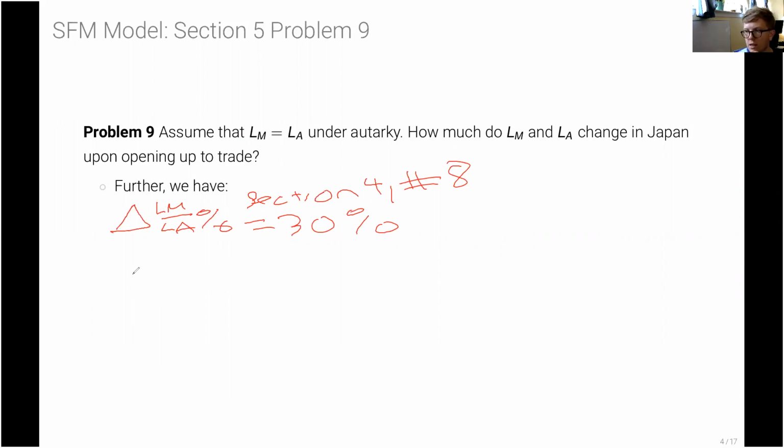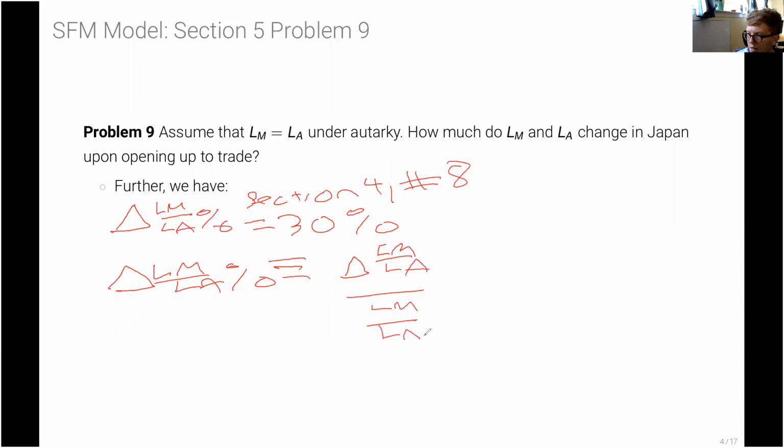And so what is that going to tell us? Well, using the percentage change rules from section 0, we know the percentage that LM over LA is going to change. If you're confused by this notation, note that the percentage change of LM over LA, which is what I'm calling this, is the same thing as delta LM over LA over LM over LA times 100%.